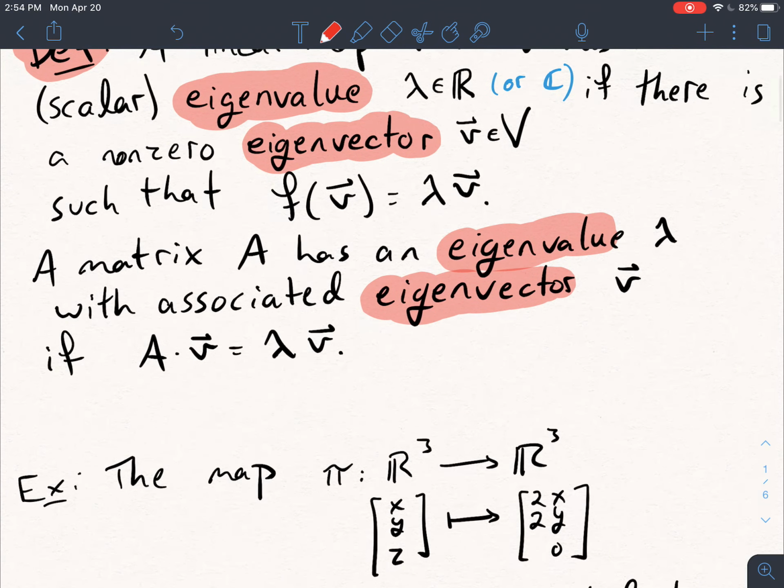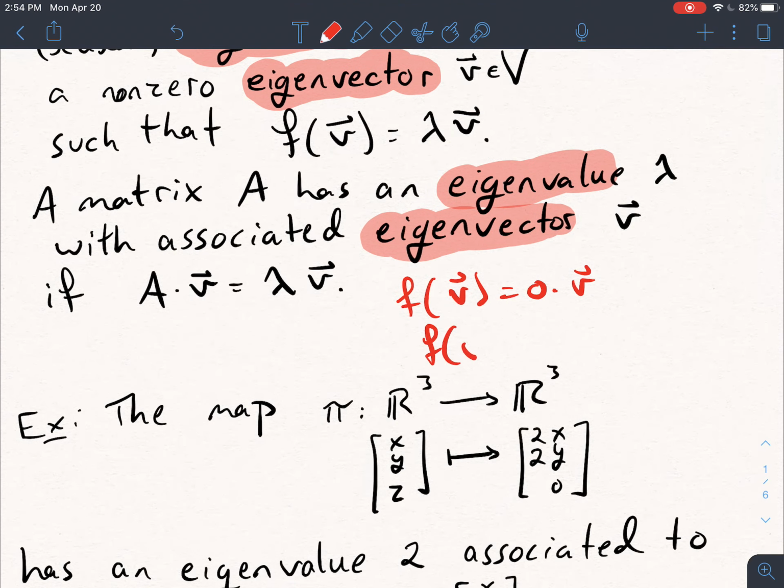So f of 0 is always equal to a scalar times 0. However, it is not always true that f of vector is equal to 0 times the vector. So this is what it means for the scalar 0 to be an eigenvalue of a function.